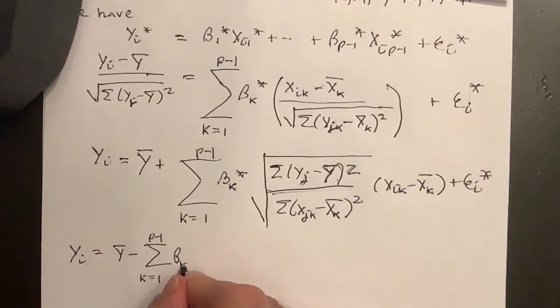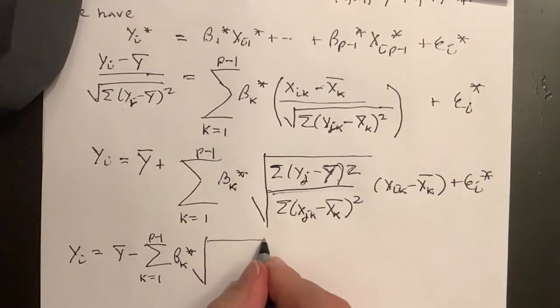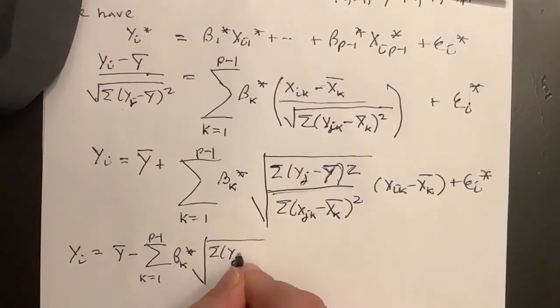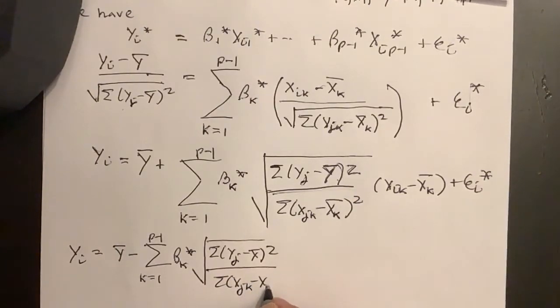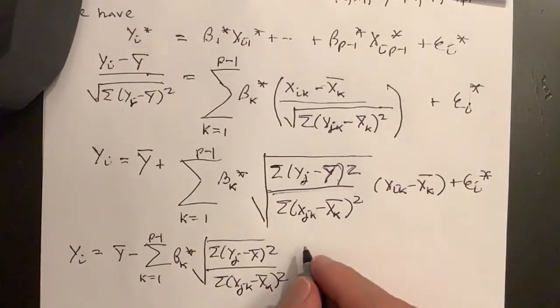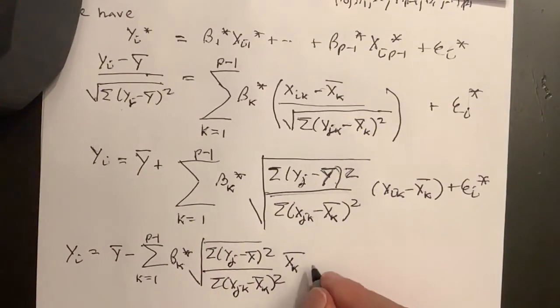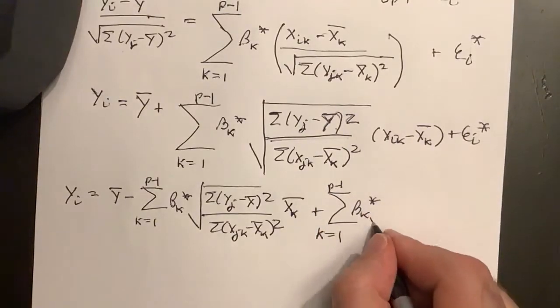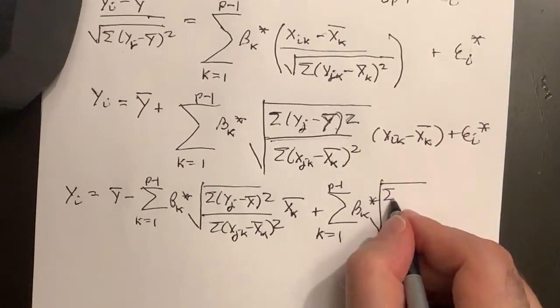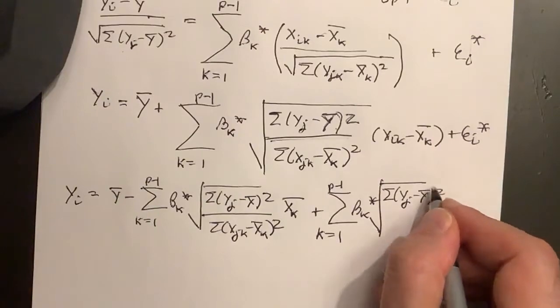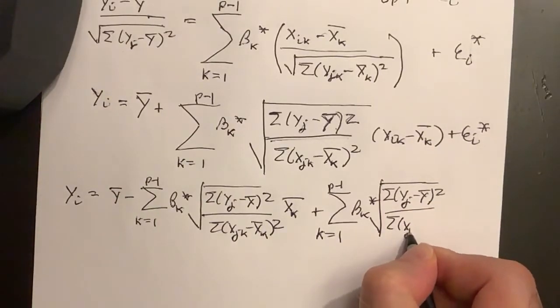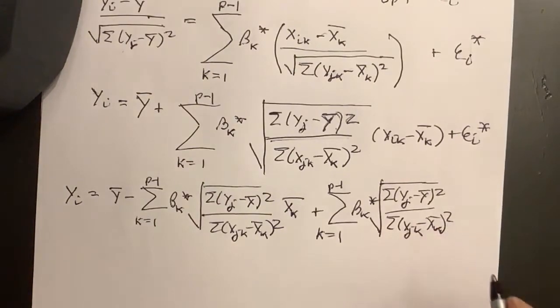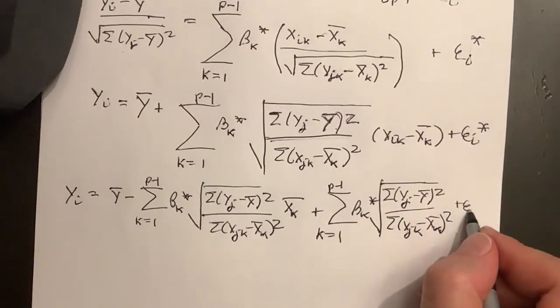So I have beta k star, this big sum, and now I have my xk bar, and I have plus the sum k equals 1 to p minus 1, beta k star, times the square root of the sum of yj minus y bar squared over the sum of xjk minus xk bar squared, and plus the error term.